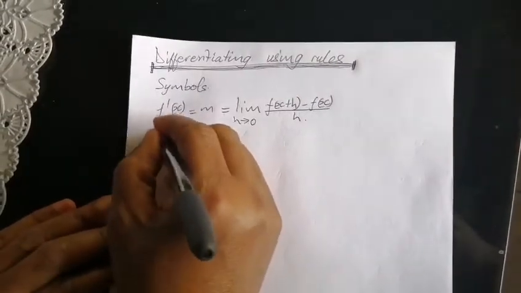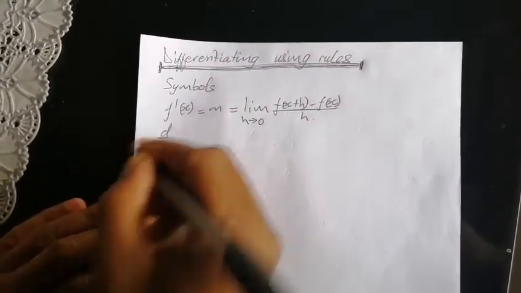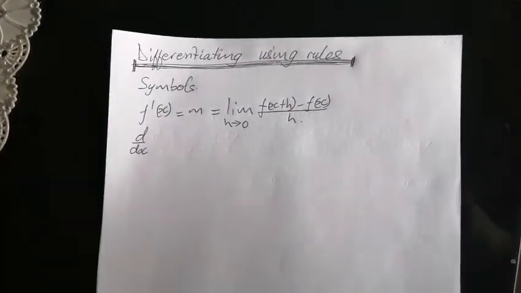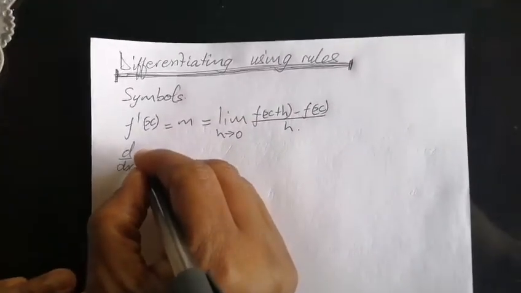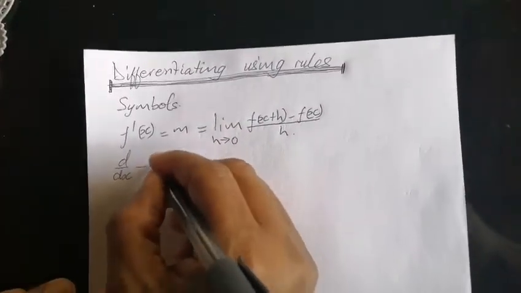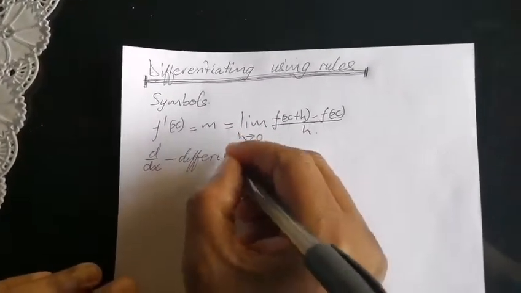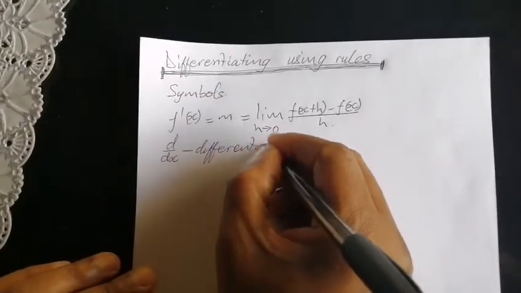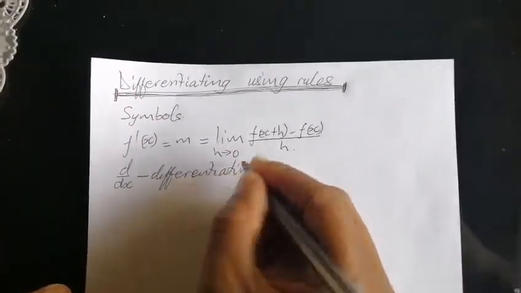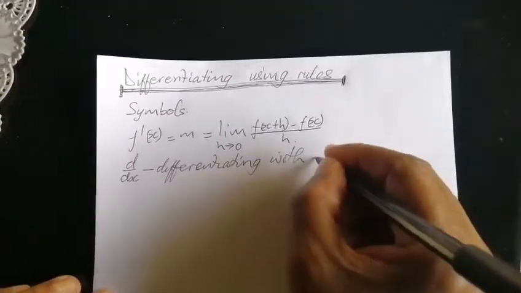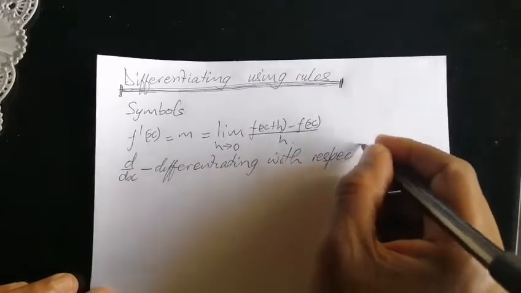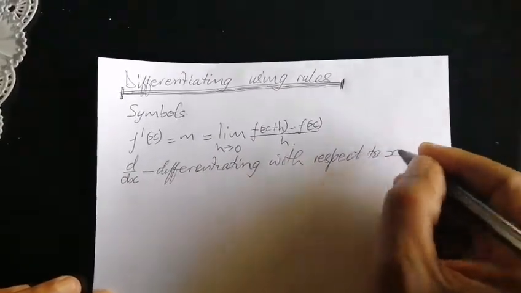We shall meet d of dx. This is saying we are differentiating with respect to x.